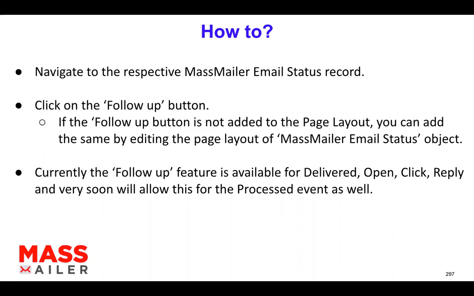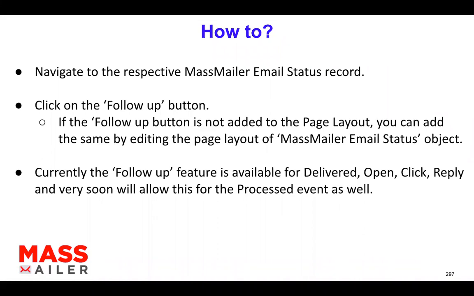For those ones, we don't let you send out a reply or a follow-up email. But otherwise, for the rest of it, we do allow you to follow up with your recipient.